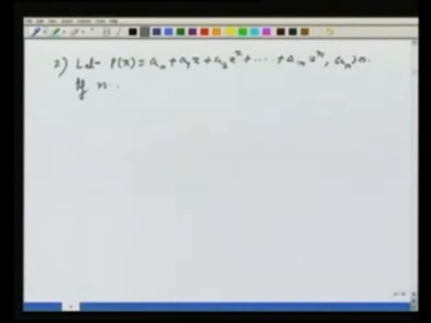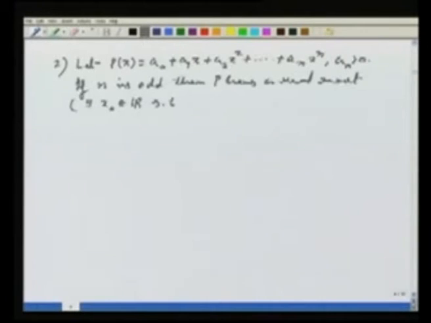Now I say that if n is odd, that means it is of the form 2k plus 1, then P has a real root. What does that mean? That means there exists some x naught in R such that P of x naught is equal to 0.